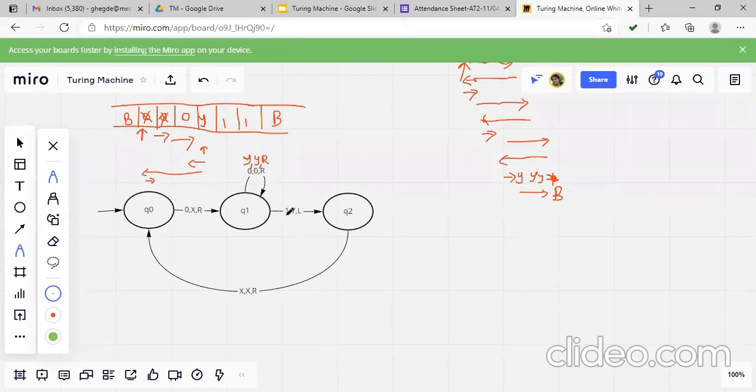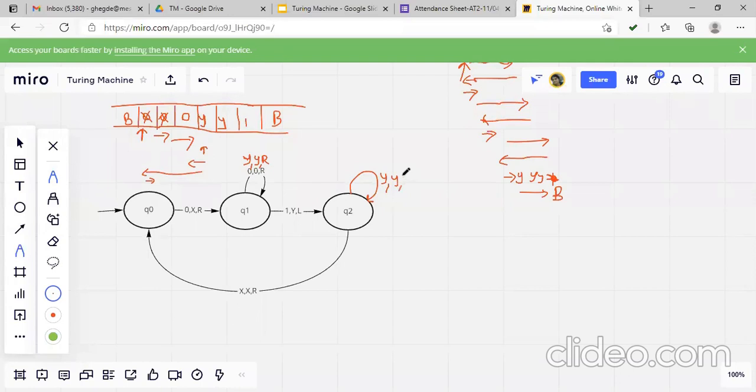Okay, so now I got a 1, make it y, make this y and move left. Okay, I'm moving left now. ये y आ गया यहाँ पे, तो उसको वैसा ही रखना है. So y, keep that y as it is and move left.